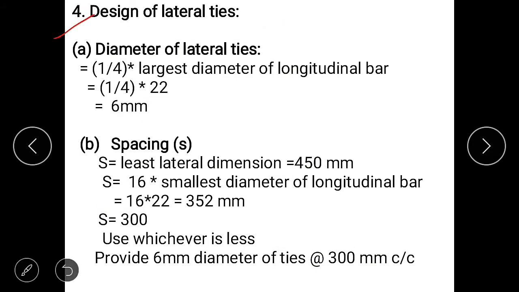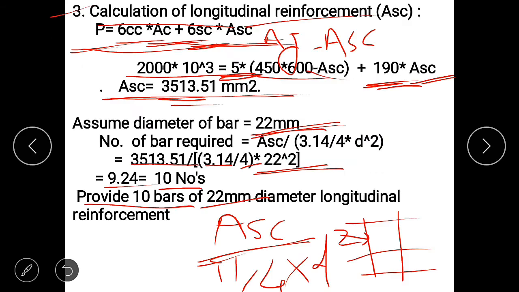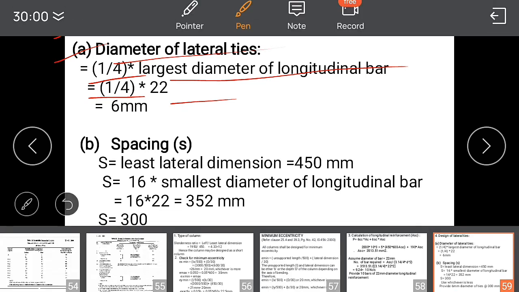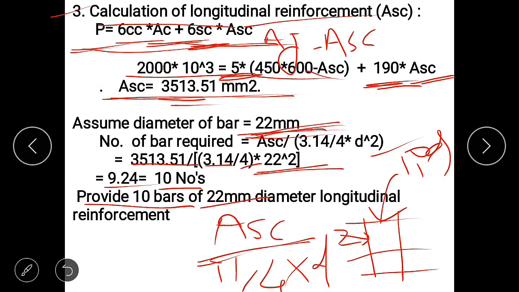So now after that we have to find the design of lateral ties. It is called ties. We have to find this ties diameter and spacing. So first step to calculate lateral ties: the diameter of lateral ties is equal to 1 by 4 of the largest diameter of longitudinal bar. So 1 by 4 into 22, where we assume the diameter of longitudinal bar is 22.